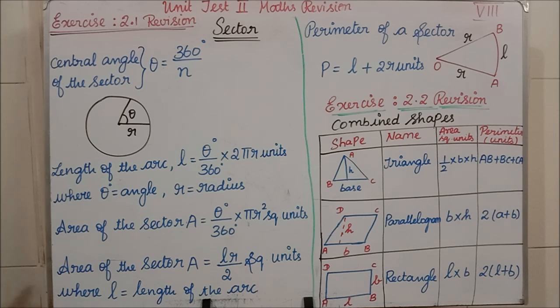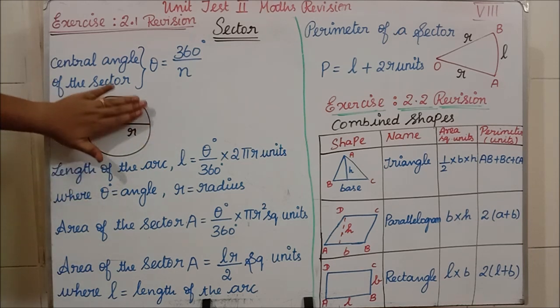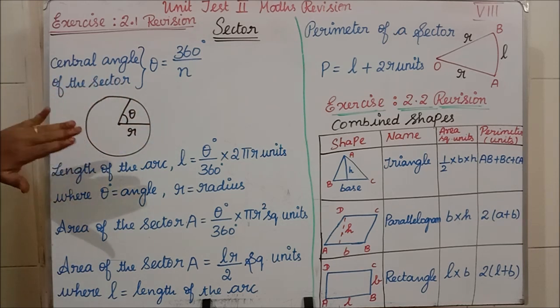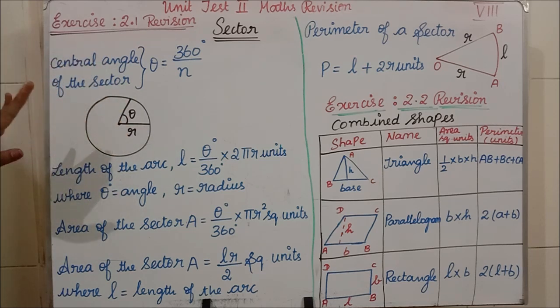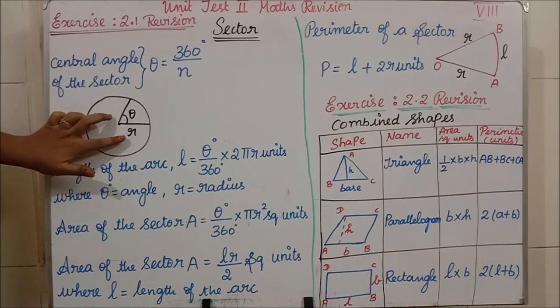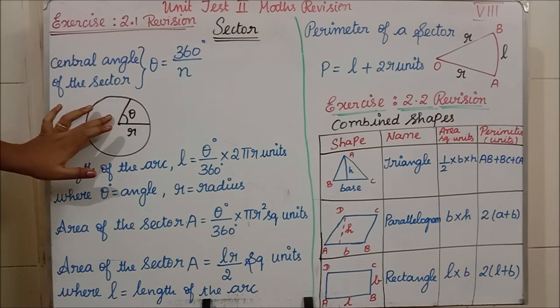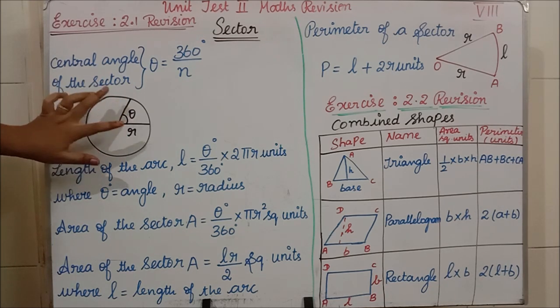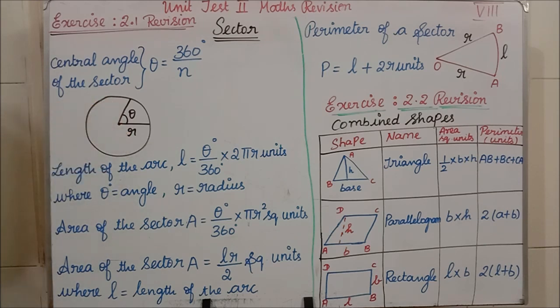Before going into the topic, first we have to know what a sector is. A sector means a plane surface. This is a plane surface enclosed between two radii. Here this is a radius and this line is also a radius. Enclosed between two radii and the circular arc.